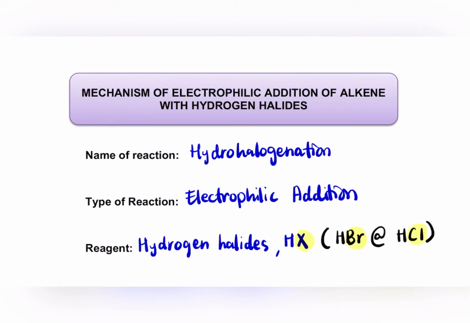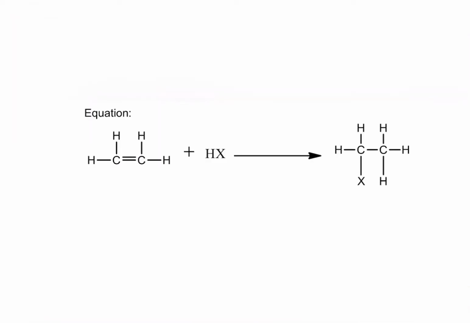Now we are going to learn how this mechanism happens for alkene with hydrogen halides. When writing down the mechanism, you have to write the chemical equation first because there will be 1 mark for that. So I'm going to write my mechanism generally. For example, I take ethene. This is my alkene.